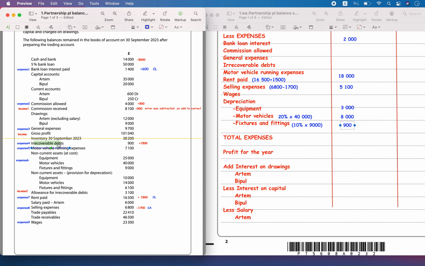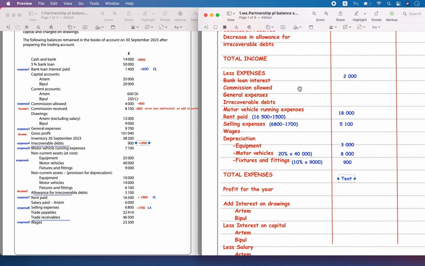So let's adjust all of this. So there is an irrecoverable debt here and allowance for irrecoverable debt here, and the trade receivables are here. So we can see that if 1,500 more had increased, so it will become 900 plus 1,500. So that value is going to be equal to 2,400.